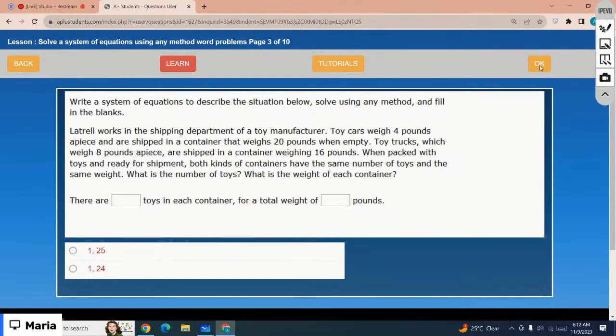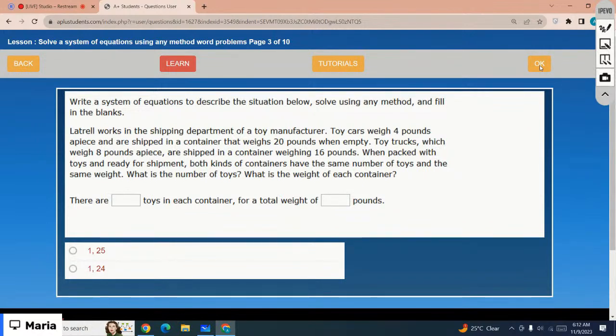Toy cars weigh 4 pounds apiece and are shipped in a container that weighs 20 pounds when empty. Toy trucks, which weigh 8 pounds apiece, are shipped in a container weighing 16 pounds. When packed with the toys and ready for shipment, both kinds of containers have the same number of toys and the same weight. What is the number of toys and what is the weight of each container?